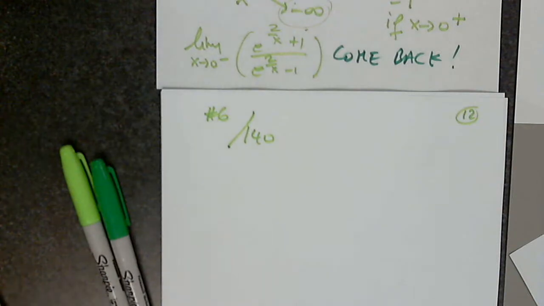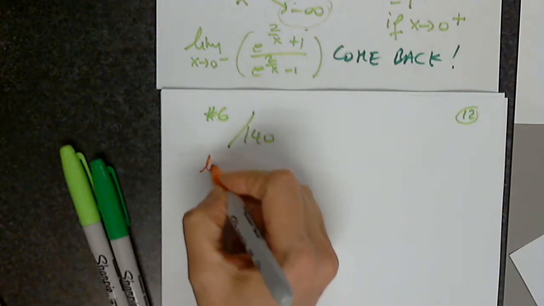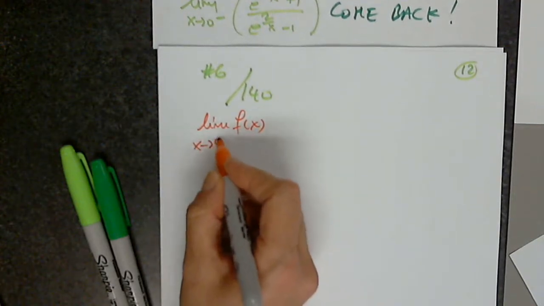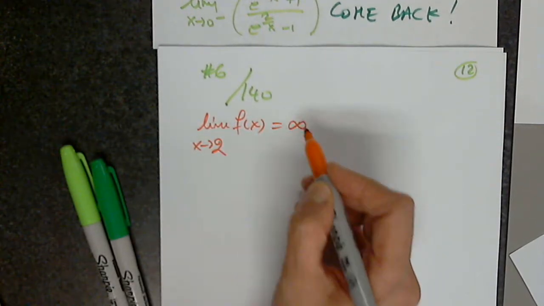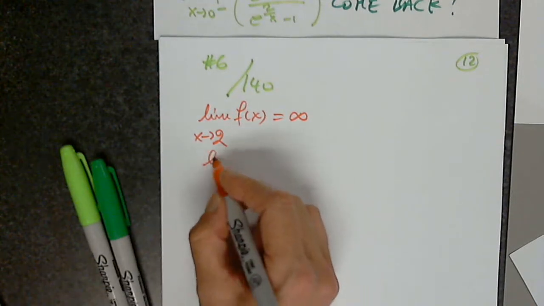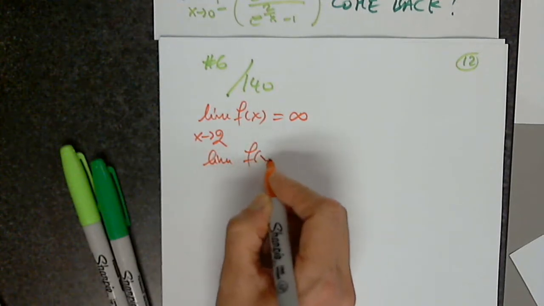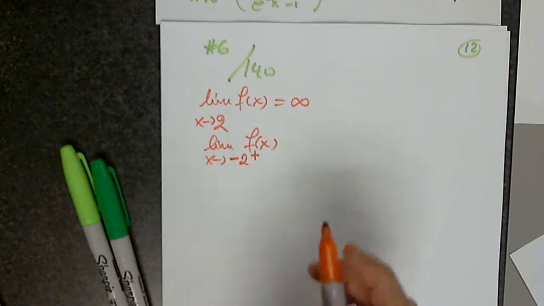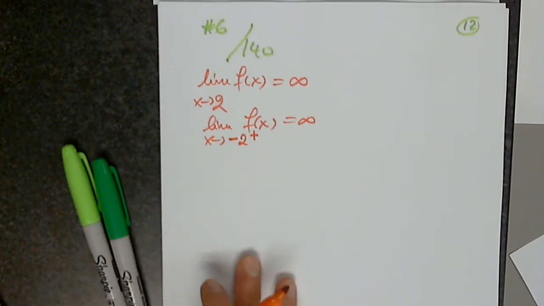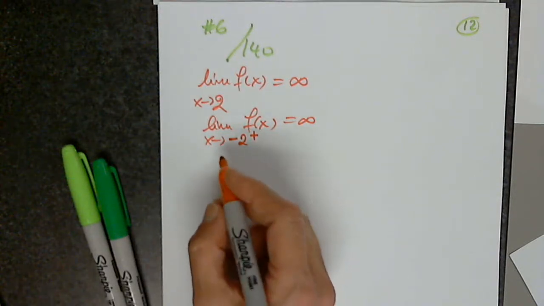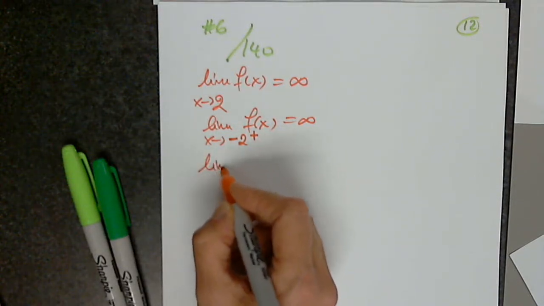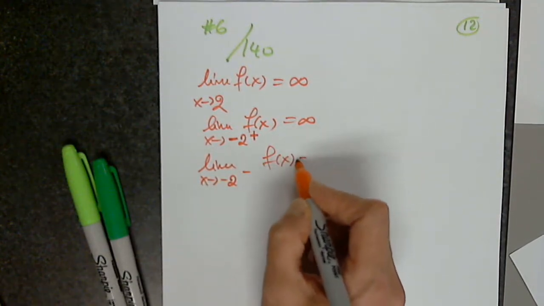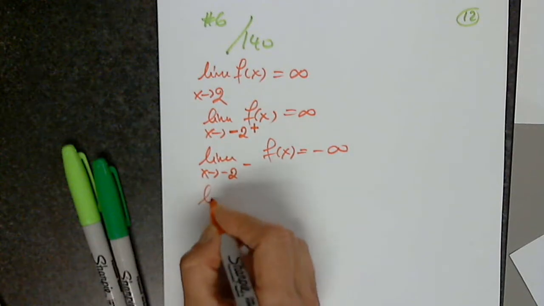Let's read the problem. I'm going to copy my information. So I'm told that the limit of f of x as x approaches 2 from either side is infinity. The limit of f of x as x approaches negative 2 from the right is infinity. We also have that the limit as x approaches negative 2 from the left of f of x is negative infinity.